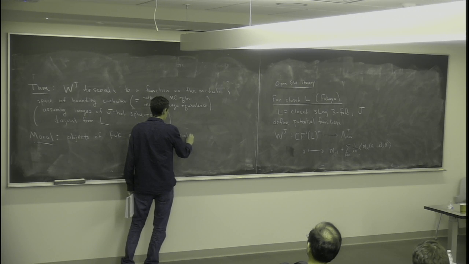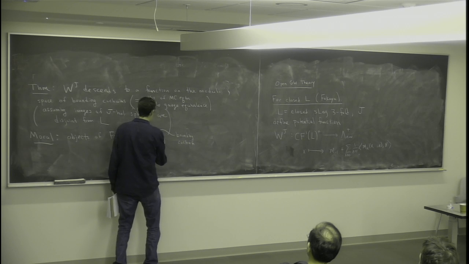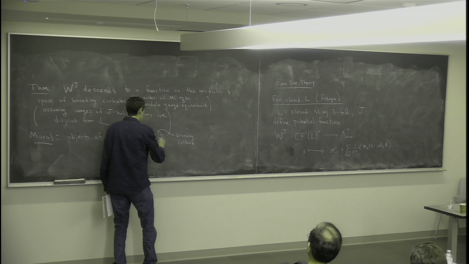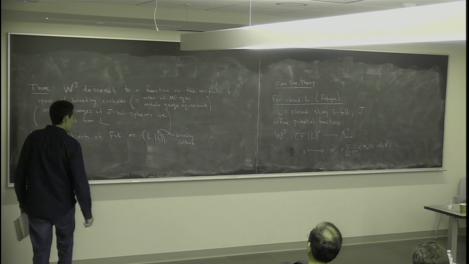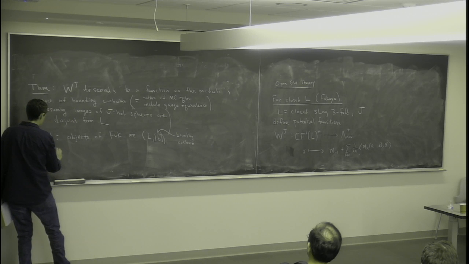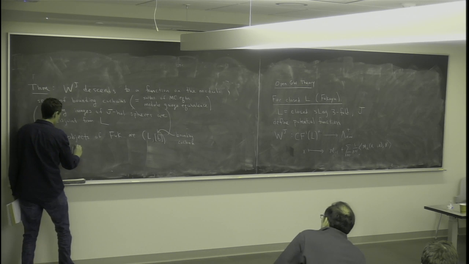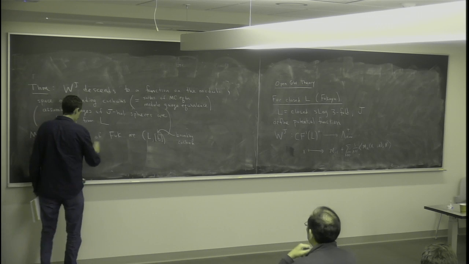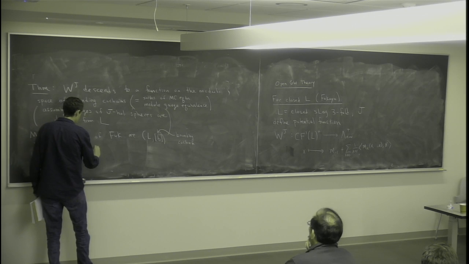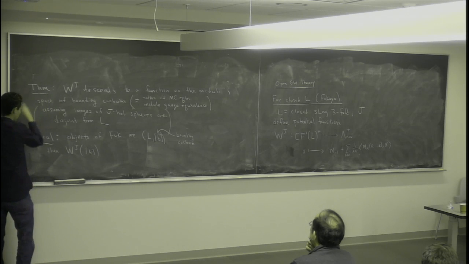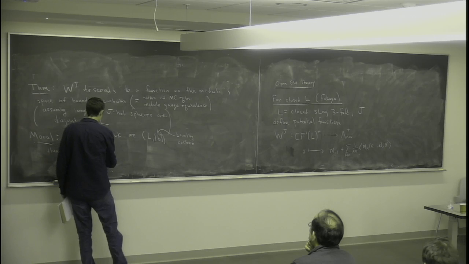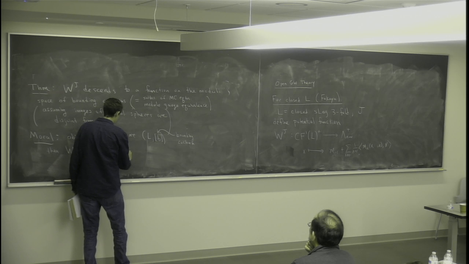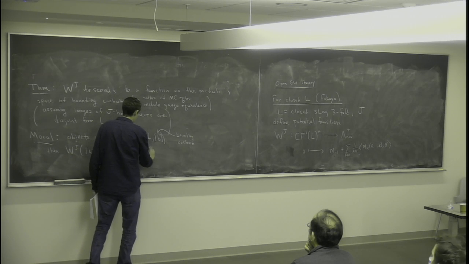And then you can think of the value of the potential function at that, which is well defined by this theorem. You can think of this as its open Gromov-Witten invariant. Okay, so that's the moral of this theorem.